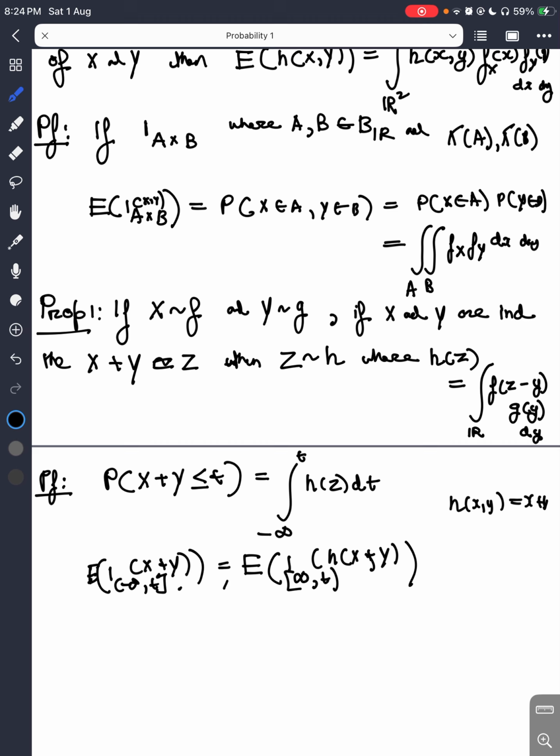Using the basic property, this is the expectation of the indicator of x plus y less than or equal to t of x comma y.